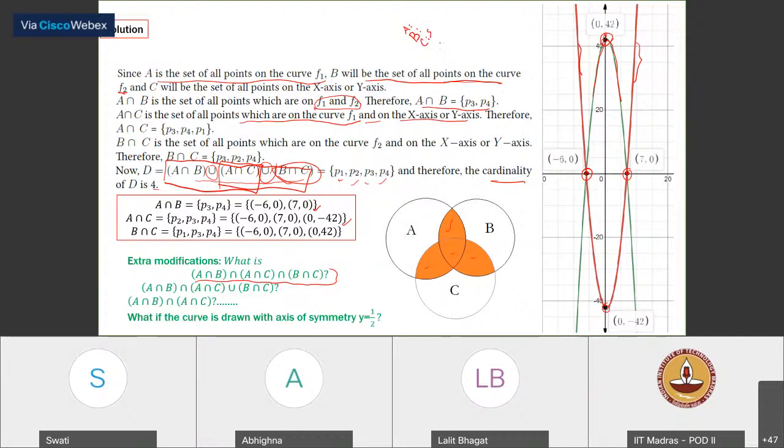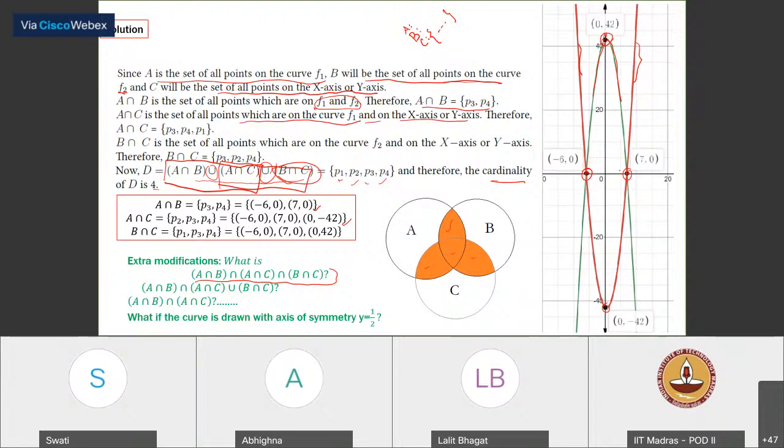If possible, write the elements of C. C is well defined, sir. C is the set of points on the x-axis or y-axis. So it lies between minus 6 to plus 7. No, not lying between.